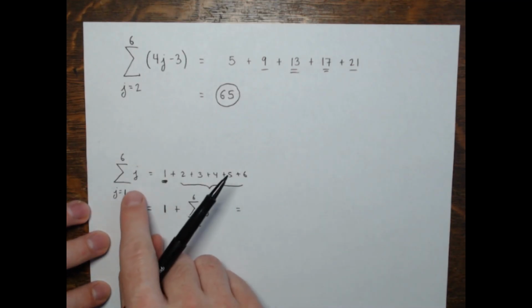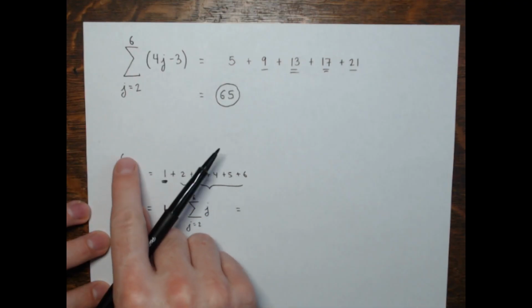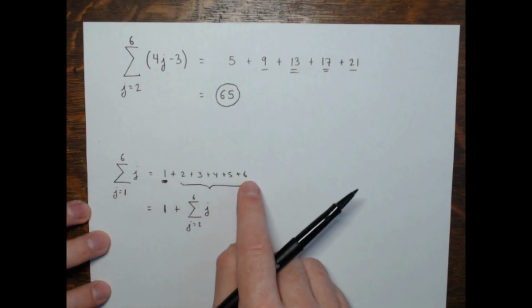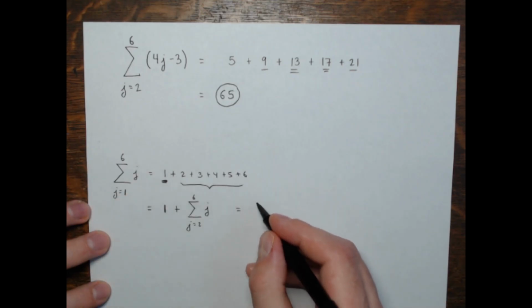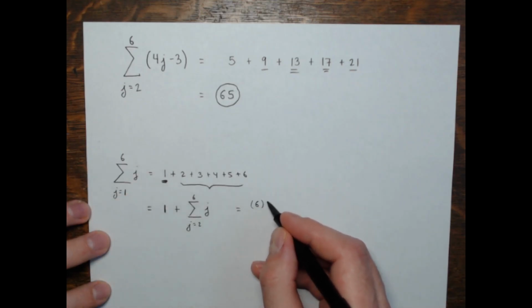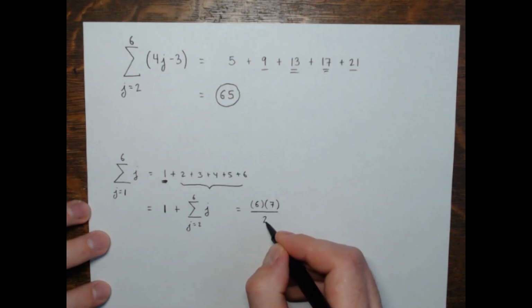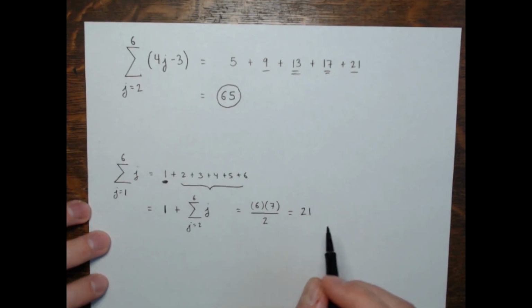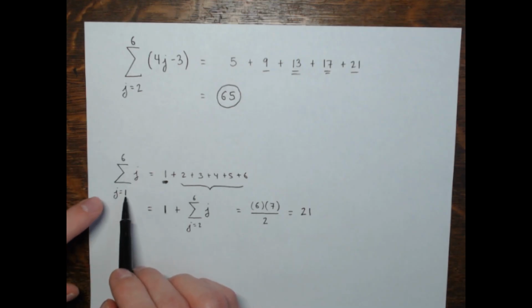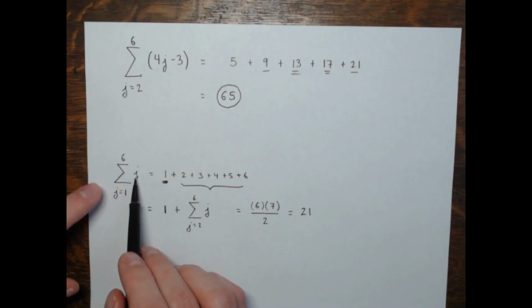Now, this sum from j equals 1 to 6, I showed you a formula for that earlier, right? If it started at 1, this would just be 6 times 6 plus 1 divided by 2, which is 3 times 7, that's 21. So the sum from 1 to 6 is 21 of these j's.